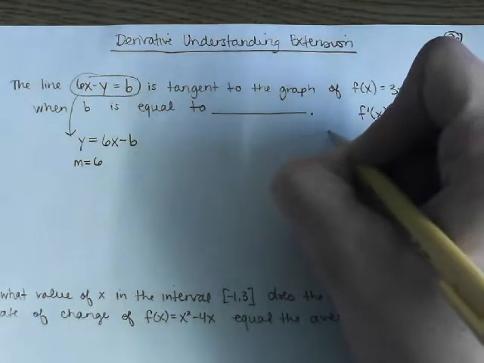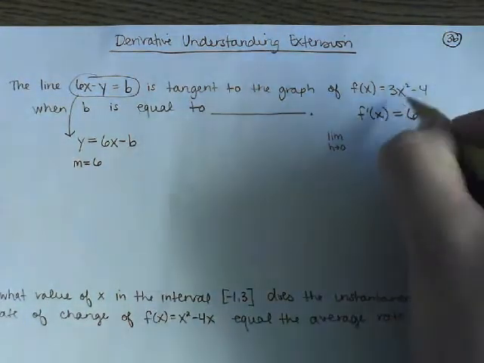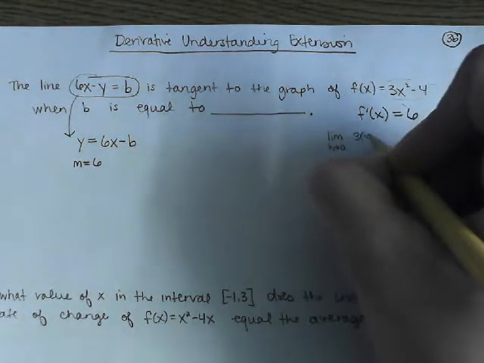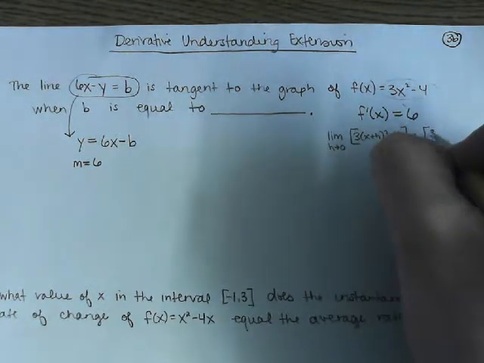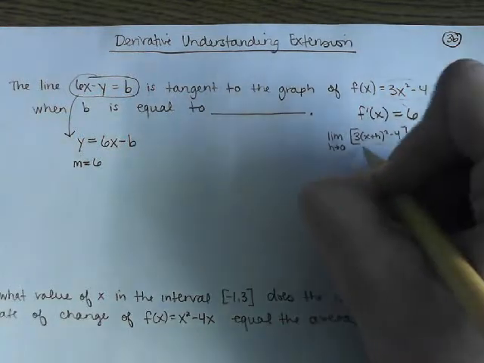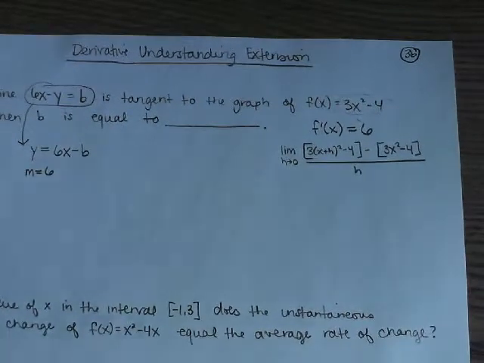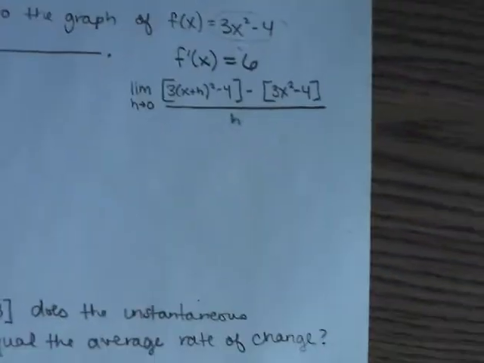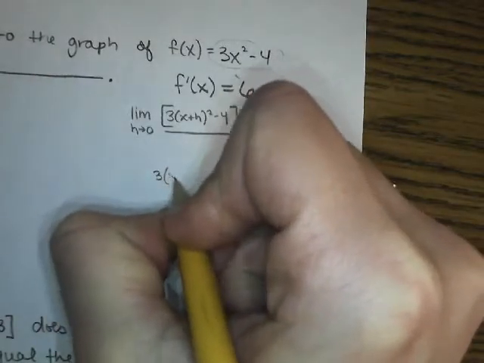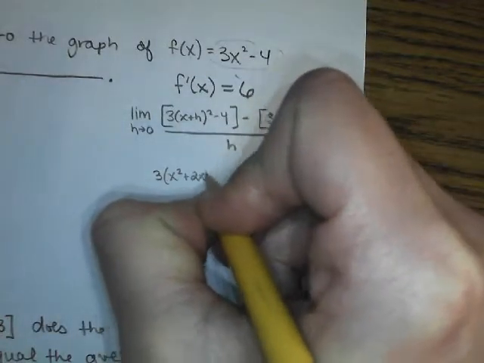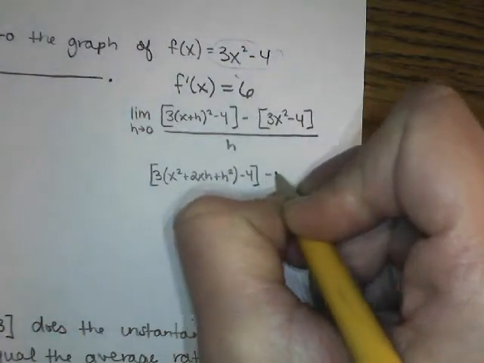So we're going to look for the derivative rule, and that is going to come from the limit as h approaches 0 of f of x plus h minus f of x, all over h, and then a whole bunch of cleanup. So I'm going to square my binomial. Distribute my negative.